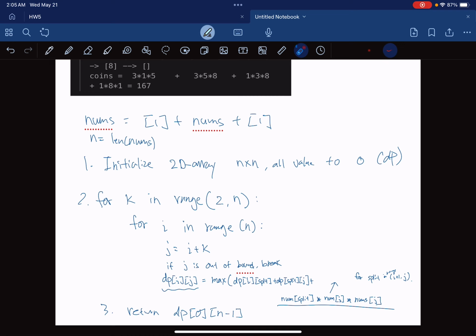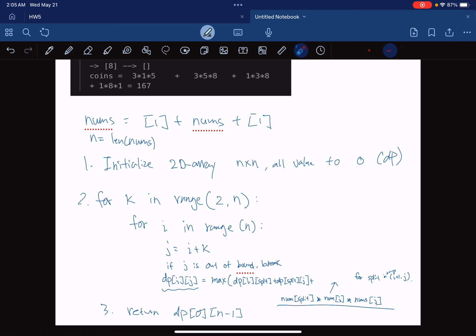And the space complexity, we're just storing the 2D array, so space complexity would be O of n squared. And that's it. The main, difficult part would be considering the left side and the right side, that we have to do it exclusively, not including the leftmost and the rightmost.